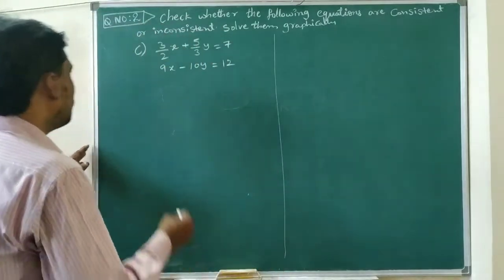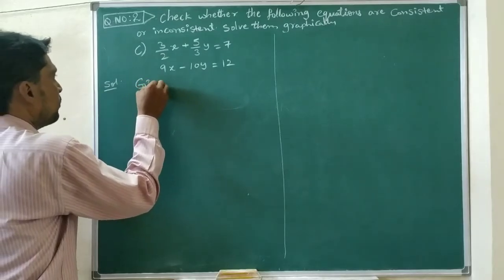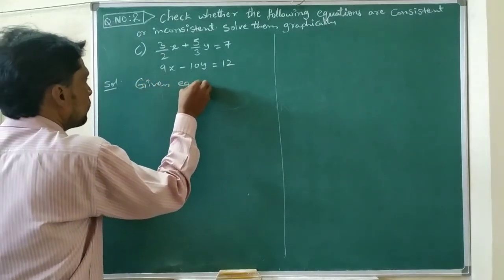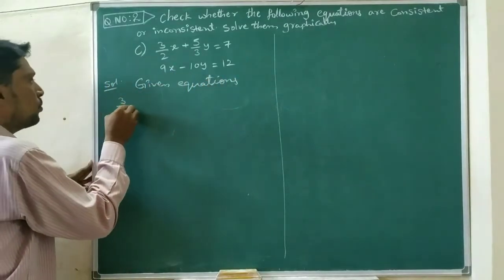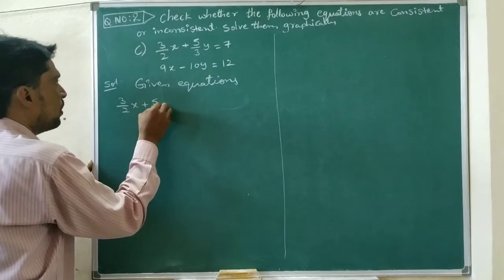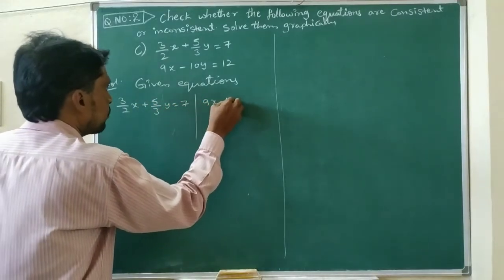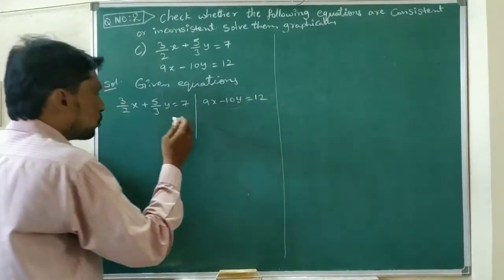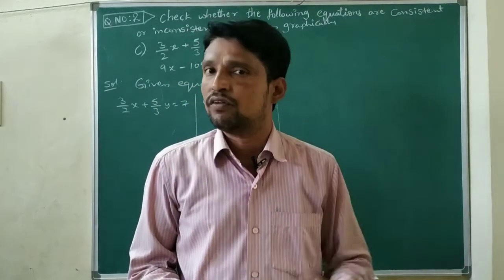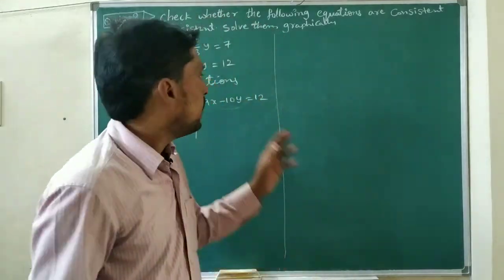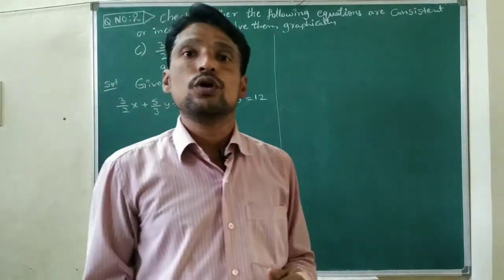Now you can see the given equations, that is 3 by 2x plus 5 by 3y equal to 7 and 9x minus 10y equal to 12. The given equations we need to write as a1x plus b1y plus c1 equal to 0 type, and the second equation as a2x plus b2y plus c2 equal to 0 type.